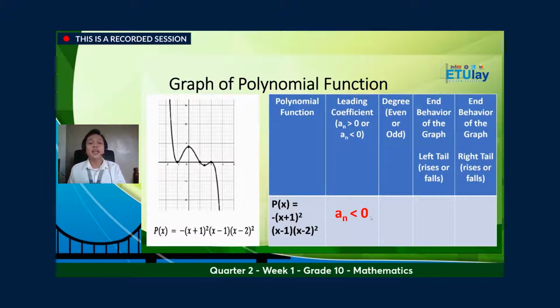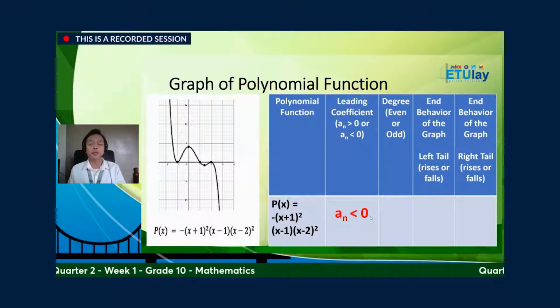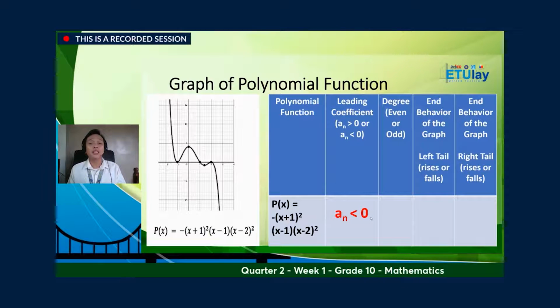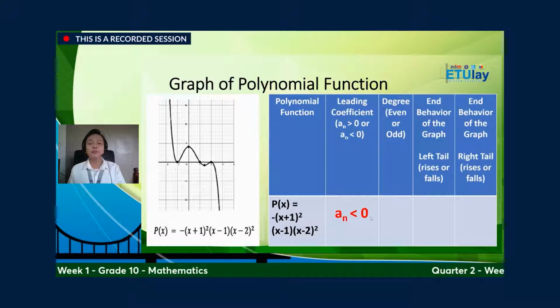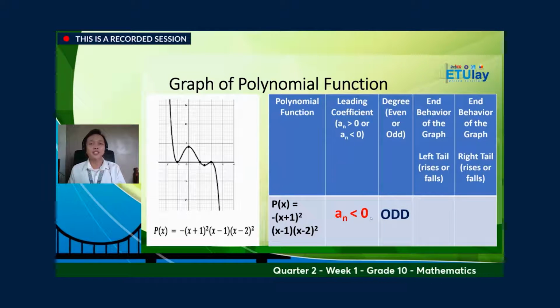If you will notice, there is a negative sign sa labas ng ating first given binomial term. At dahil dyan, magkakaroon tayo ng negative leading coefficient. Degree, is it even or odd? Kapag kinumbine mo yan, the highest exponent will be 5, and the answer is odd number.